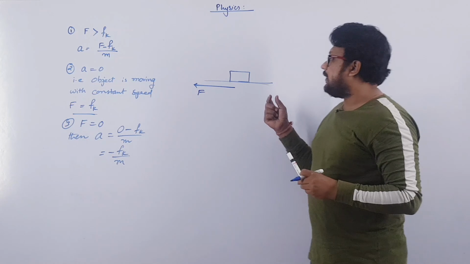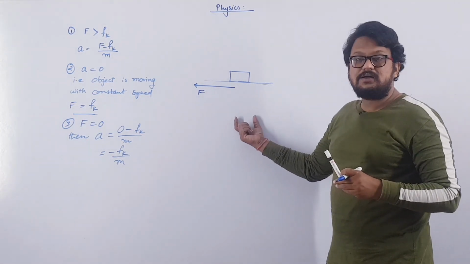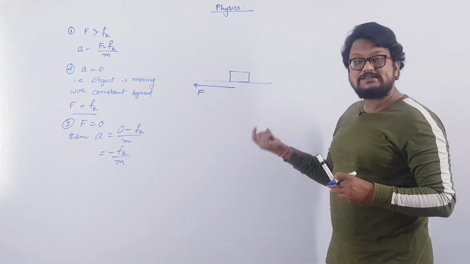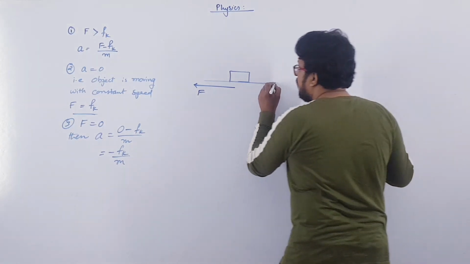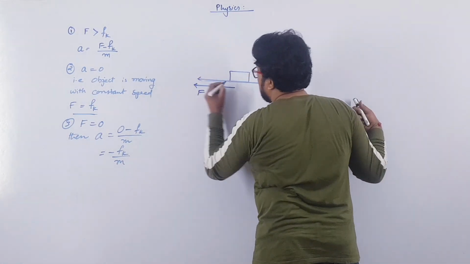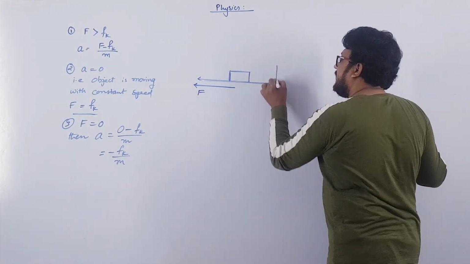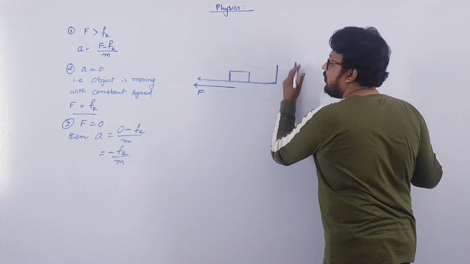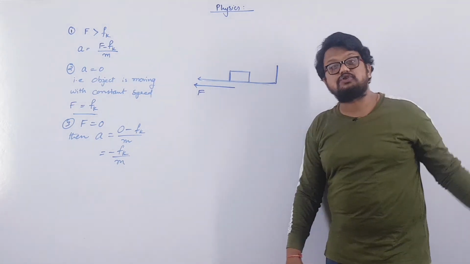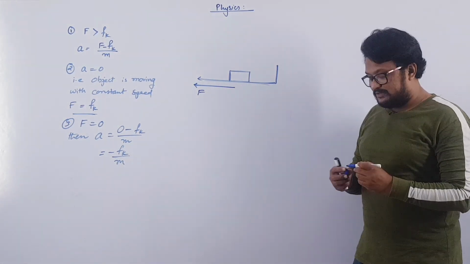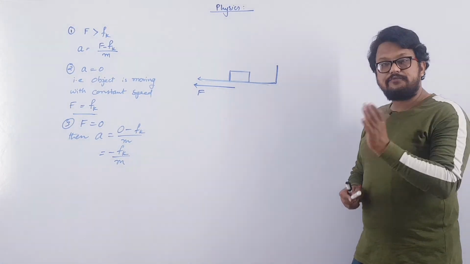Then due to inertia, if frictional force is zero, then the floor of the train should move forward and the block should remain at the same position, and finally it will get hit at the back of the train or the end of the coach, right? But it is not the case. Why? Because of the frictional force.